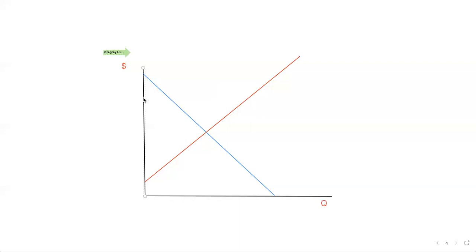Now we're going to talk about a different price level, and we'll add a specific line here. This is one of the first topics you come across: the government price restriction. This one's called a price floor.